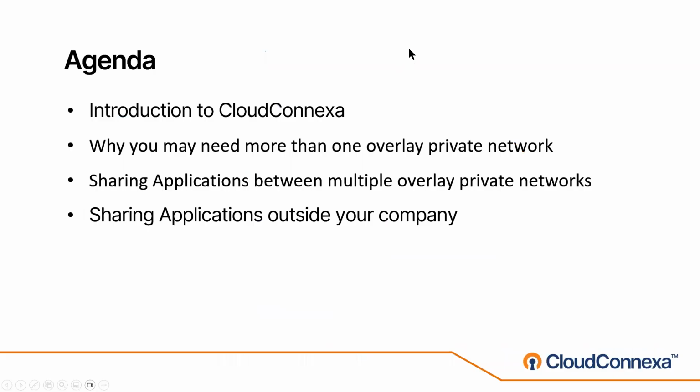And then we will show how you can share applications between multiple of your own private networks, and then how you can share applications externally. And with each of these sections, after some introduction and explanation about the use cases, Sean is going to show you a demo about how that aspect of the feature functions.